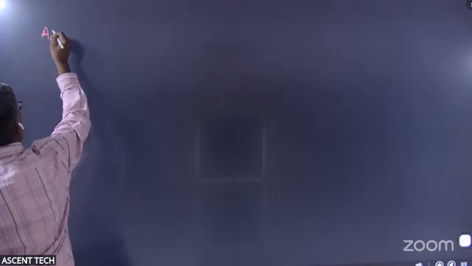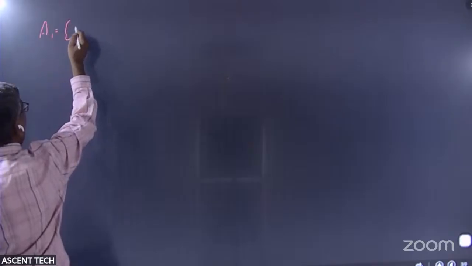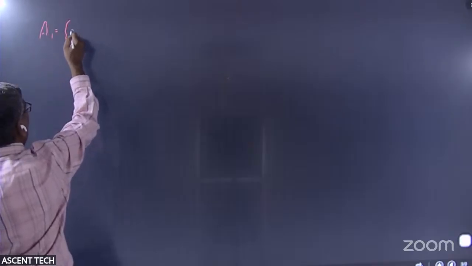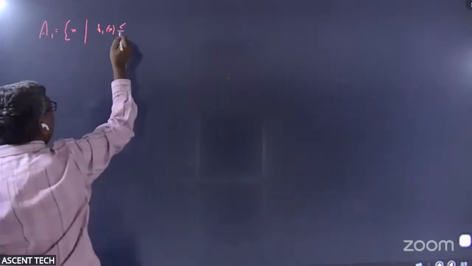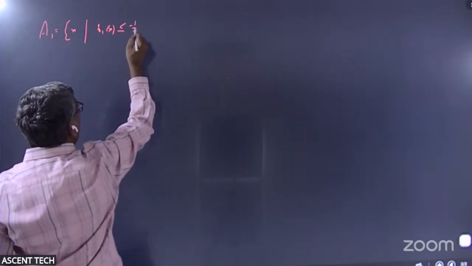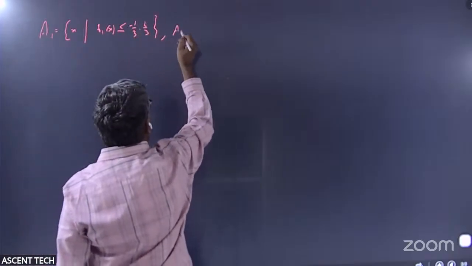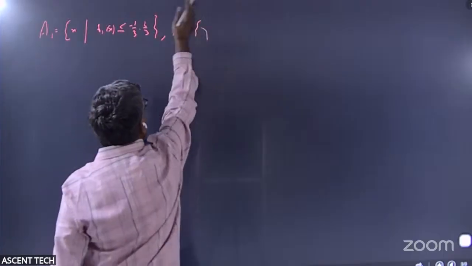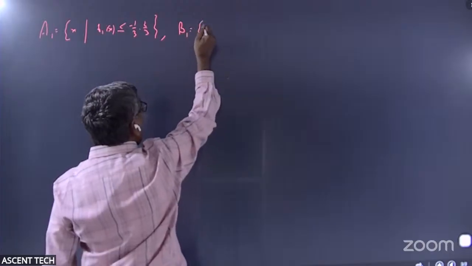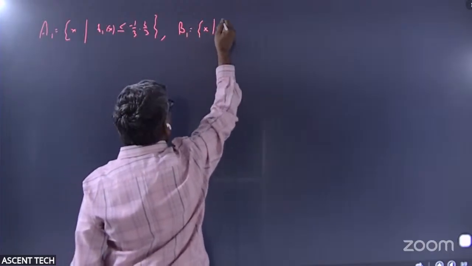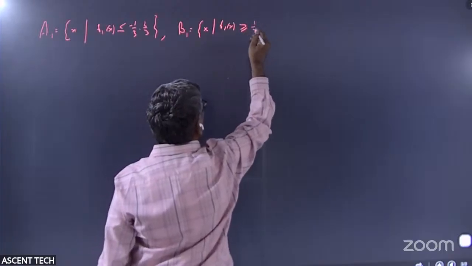A1 contains all the elements of F such that F1x is less than or equal to minus 1/3 into 2/3, and B1 is the set of all x in F such that F1x is greater than or equal to 1/3 into 2/3.